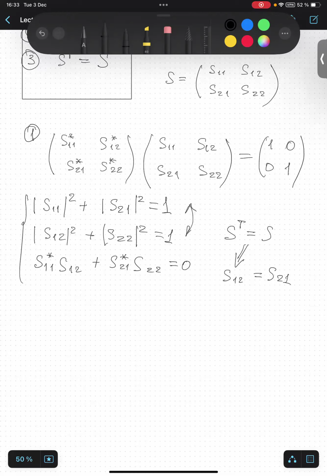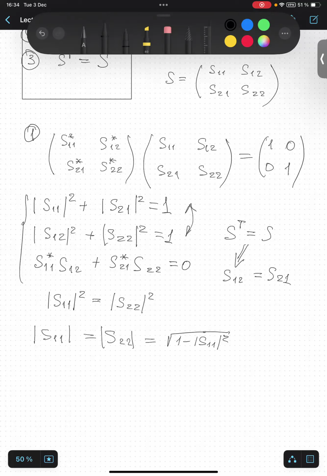We have just S11 squared equal to S22 squared. And if we rewrite it, S22 is just the square root of 1 minus this component, one component of the S matrix.